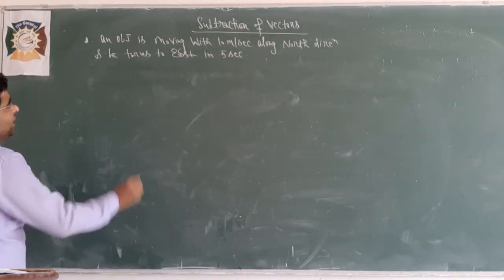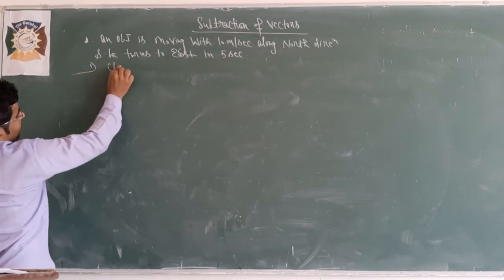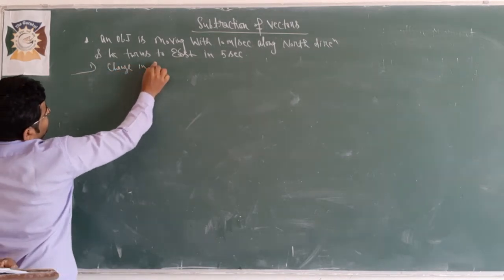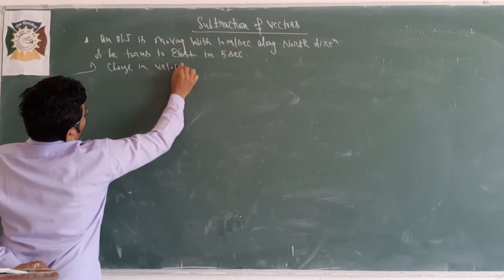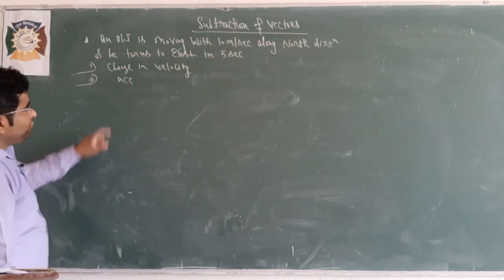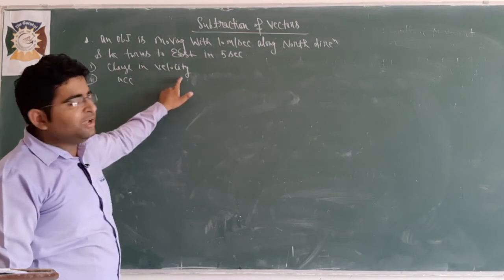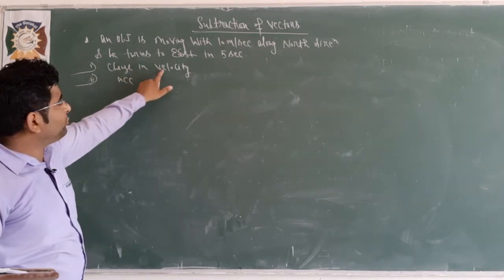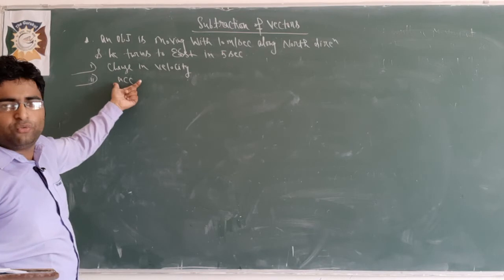So first of all I have to calculate change in velocity, second acceleration. Beta, if you know about change in velocity, then divide change in velocity by time, you will calculate the value of acceleration.